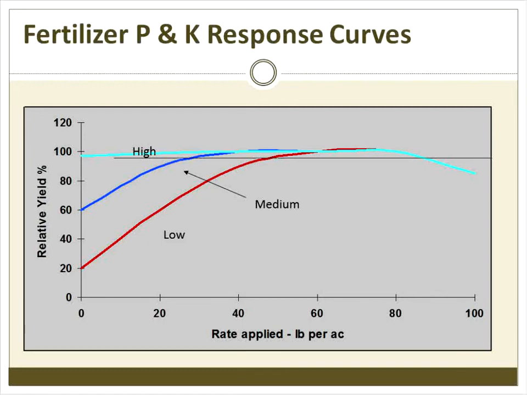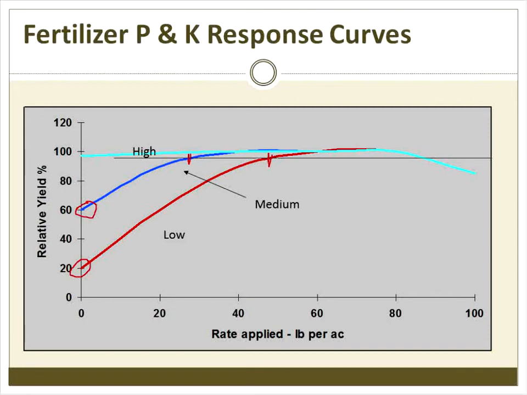The other thing that you see, other than that we're not shooting for 100% yield, is that if you have a soil with relatively low yield potential, it takes more fertilizer to get to that 95%. And if you have a soil with a relatively higher yield potential, it takes less.